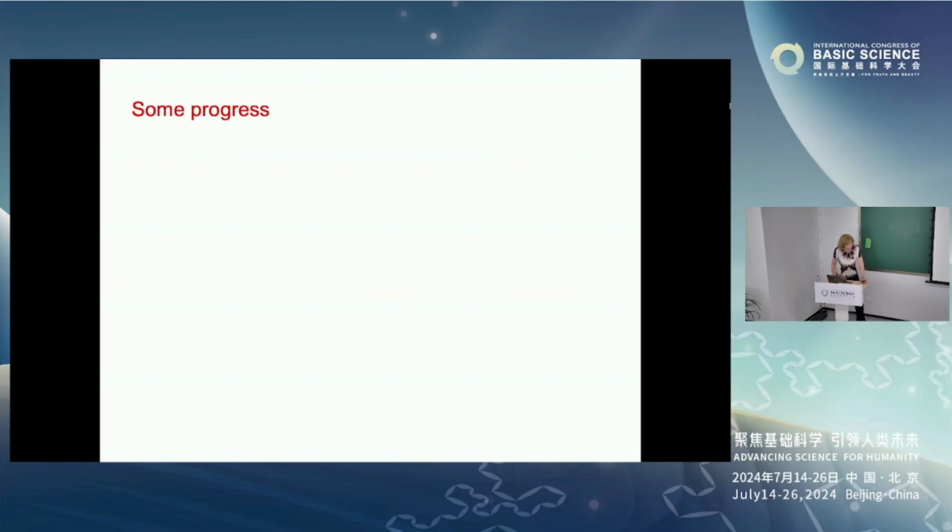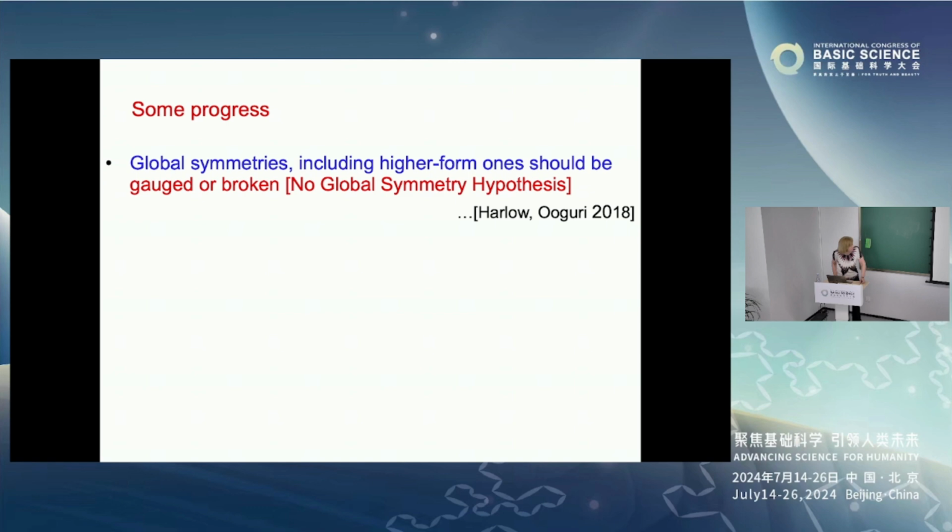So this is, of course, a subject close to my heart in general, but to address it within higher form symmetries, the subject is really rather novel. There was some progress already that took place in the past few years.